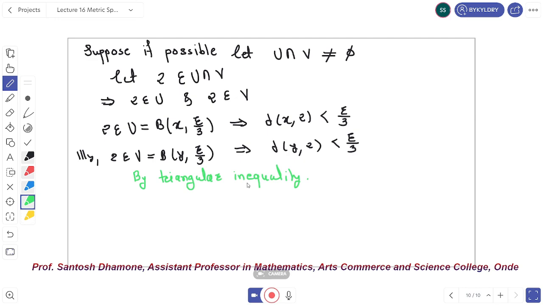Hence our assumption that U intersection V is non-empty is wrong.